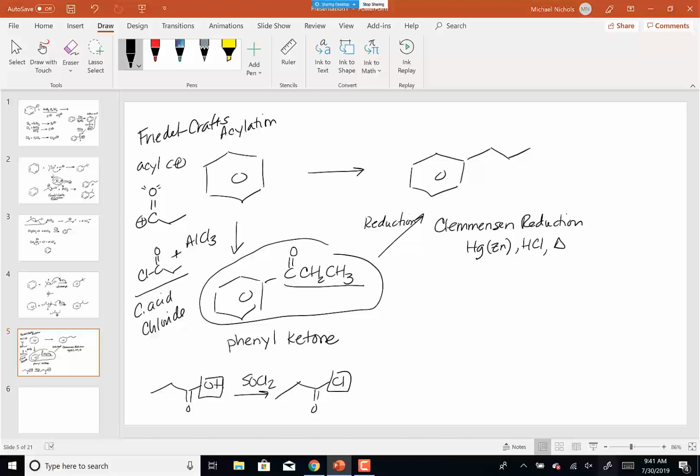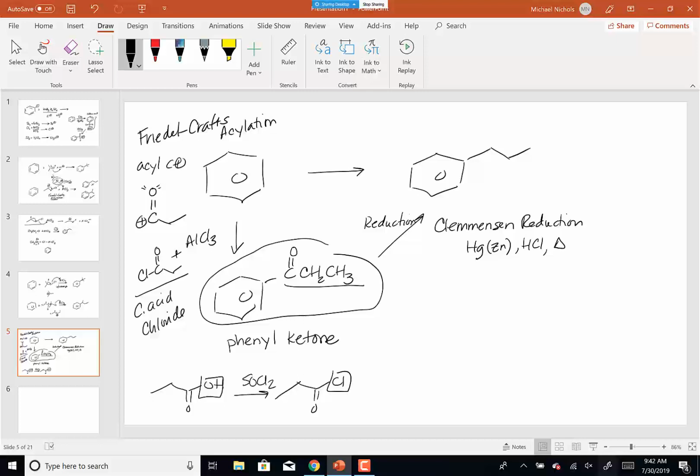Whether that's a wise thing to do or not, that's how they used to do it. So if you have a little neurological damage, or you've gone a little mad like the Hatter in Alice in Wonderland, that's probably the reason why. So that's Clemmensen reduction.